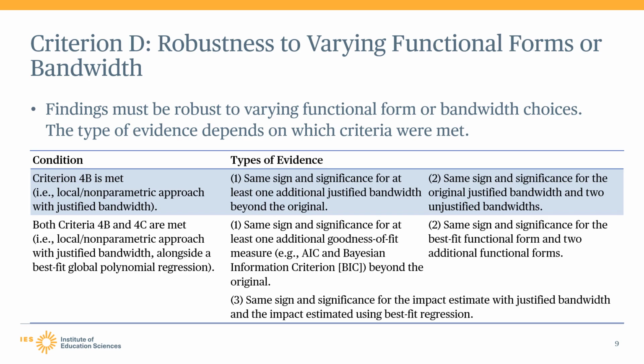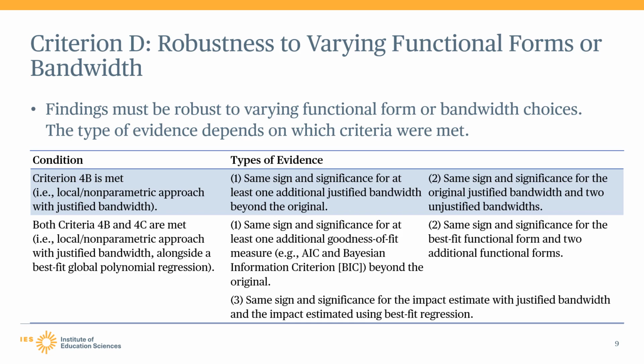The second way a study finding satisfying RDD criterion 4C can also satisfy 4D is if the sign and significance of impact estimates is the same for at least three different functional forms, including the best fit regression.